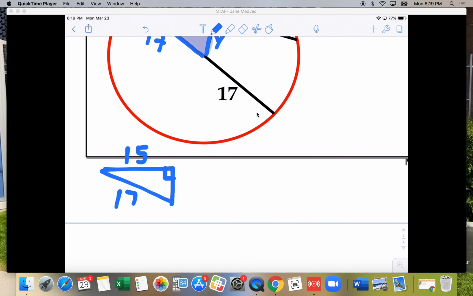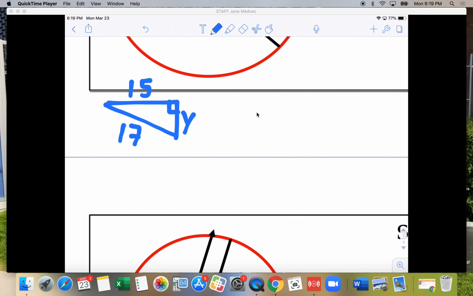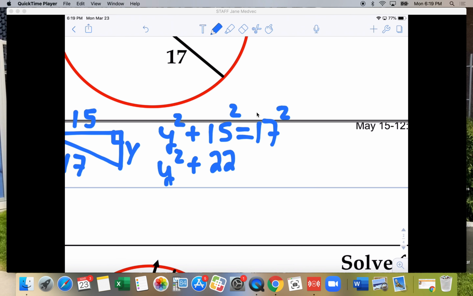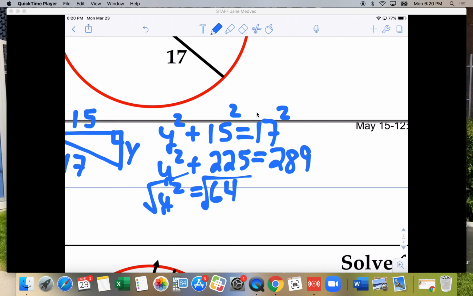This is 17. This is Y. So I'm going to use my Pythagorean theorem. Y squared plus 15 squared equals 17 squared. Y squared plus 225 equals 289. Y squared equals 64. I'm going to square root both sides, and Y gives me 8.